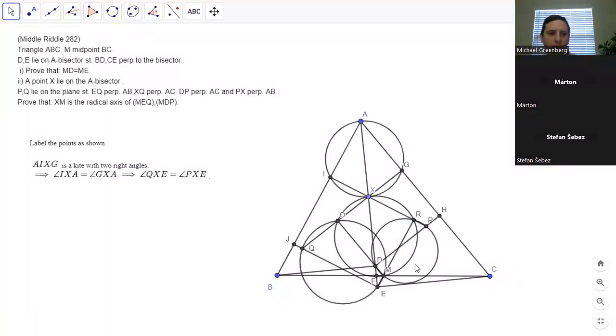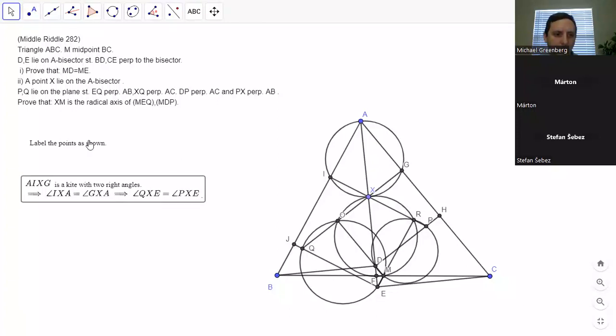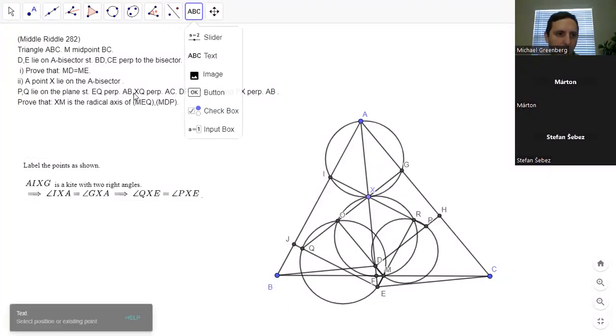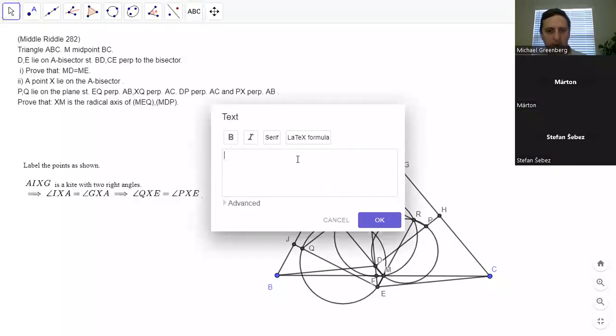So for part 1, I'm just going to write a quick proof. Since M is the midpoint of BC and BD is parallel to CE, M is equidistant to lines BD and CE.